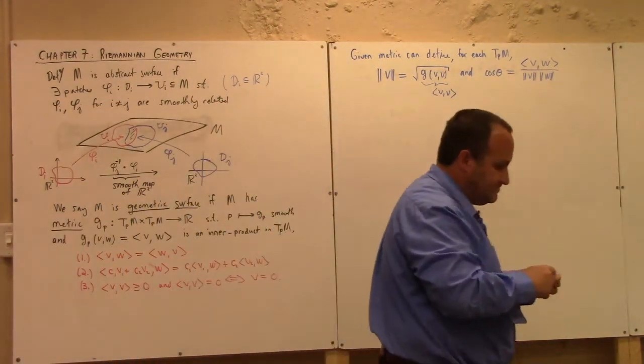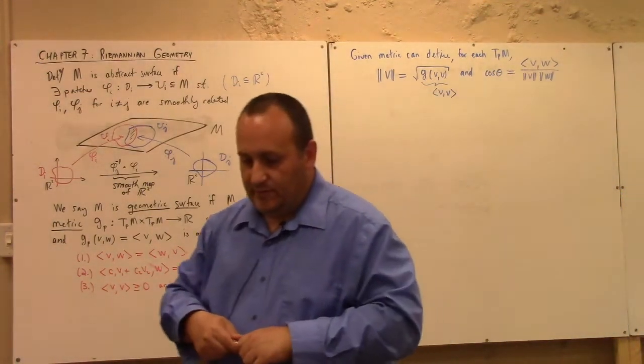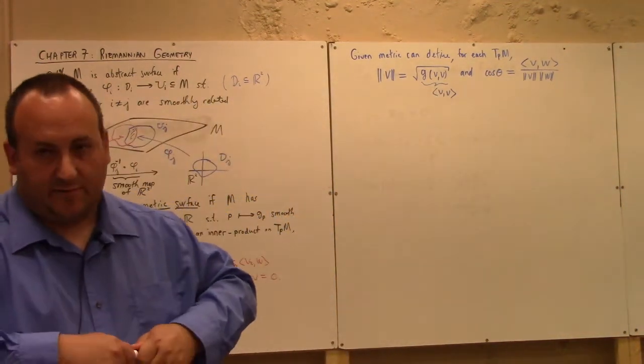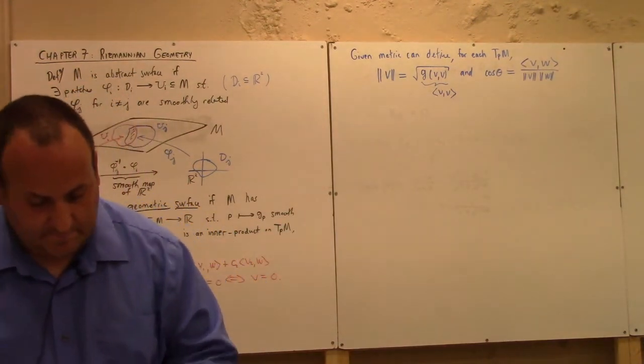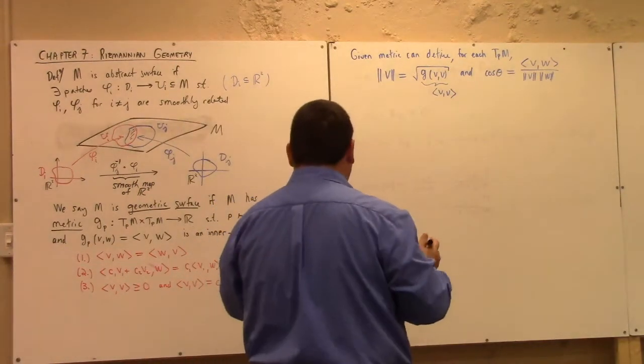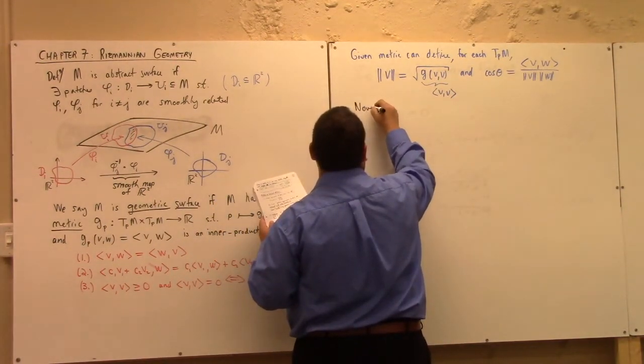All right. Now, methods to construct metrics, right? How can we construct a metric on a given space? Let's talk about novel metrics.